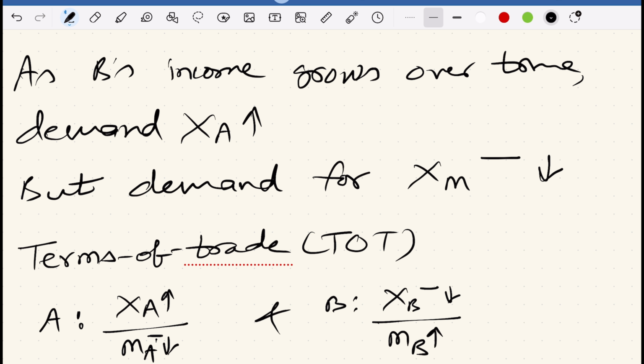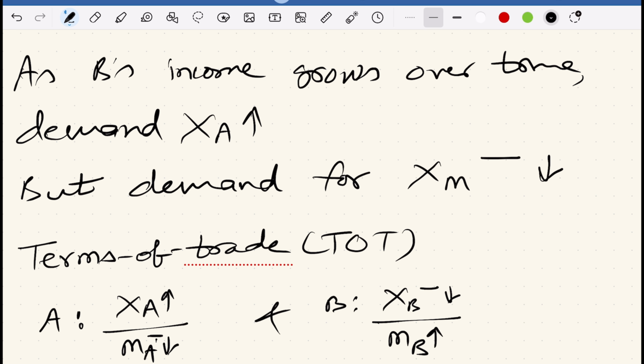It has to pay through its foreign earnings from the exports, its exports are decreasing, so imports are increasing. Ultimately, the terms of trade will decrease for this, while the terms of trade will increase for this.